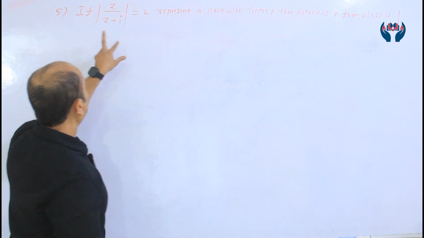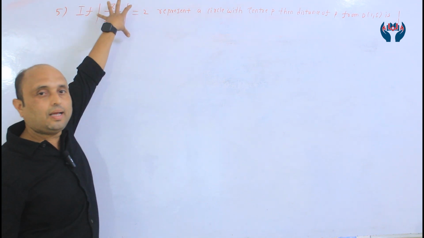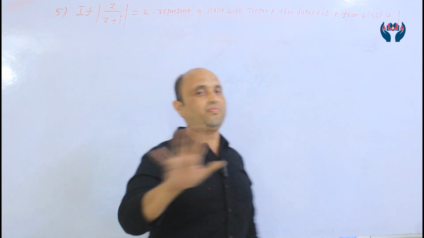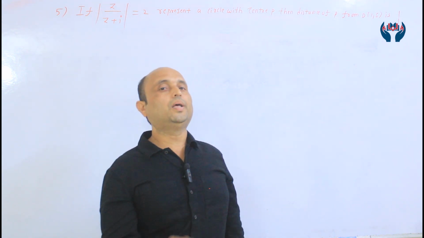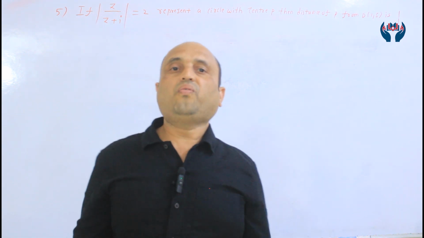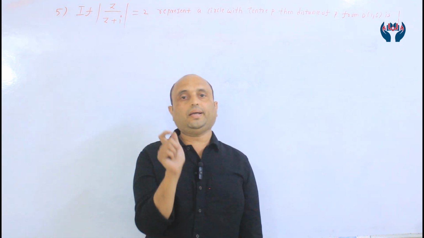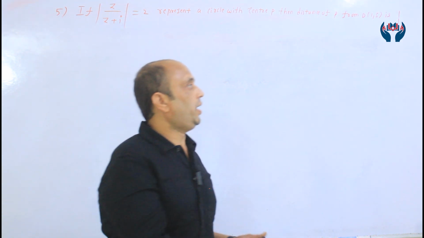This is a complex number question, and it represents a circle, but the circle is not in the general form. So first convert the given equation into general form, then find the center, that is P, then find the distance PD.